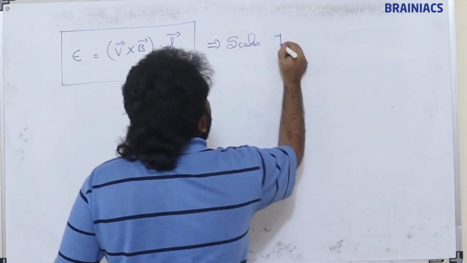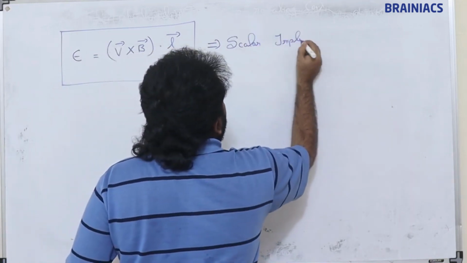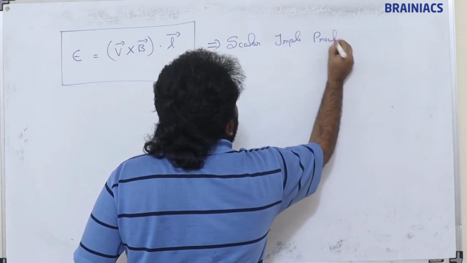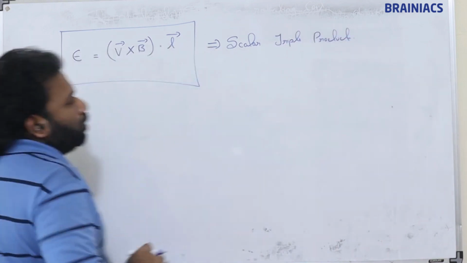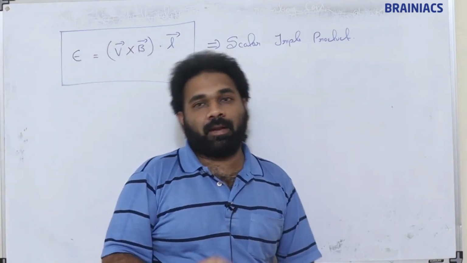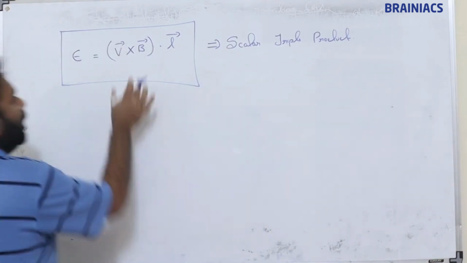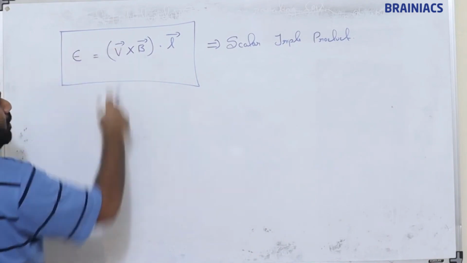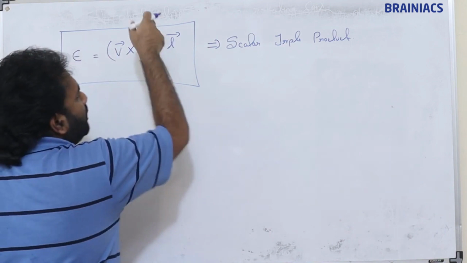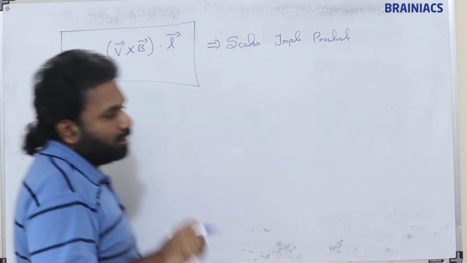We first need to find the cross product of the velocity vector and magnetic field vector, and whatever we get from this will be a vector, obviously, since it is a cross product. That vector dot this vector, if we do, we will be getting the correct answer.